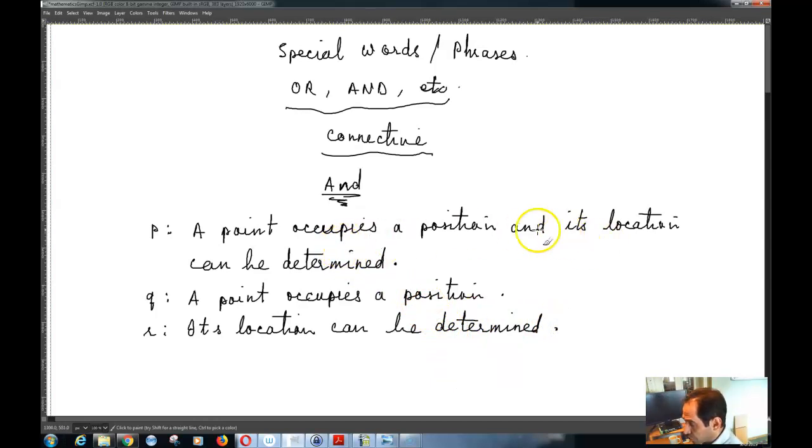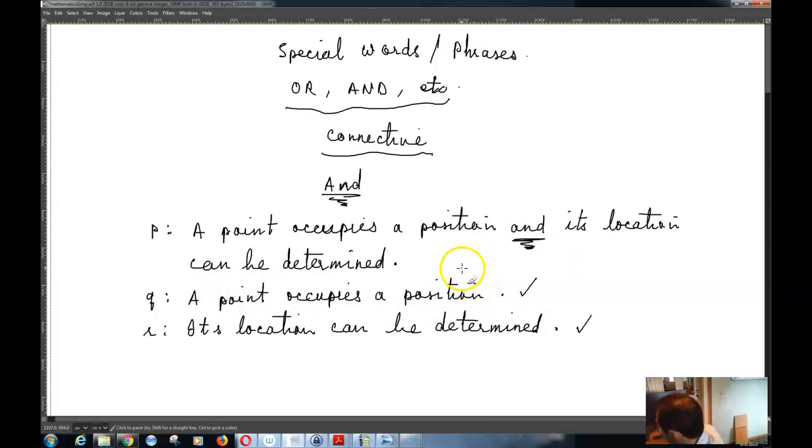And of course they are connected. The connective used here is basically and. So we observe that both the statements are true. A point occupies a position is true, and its location can be determined is also true.